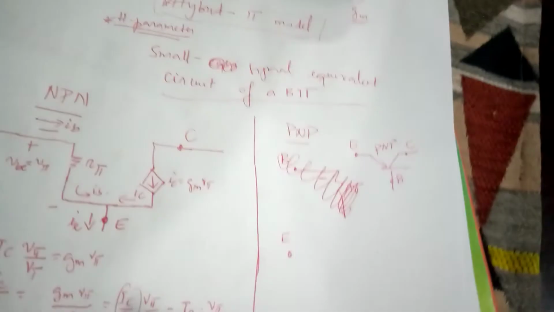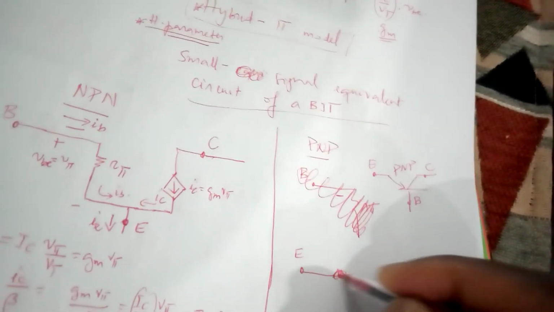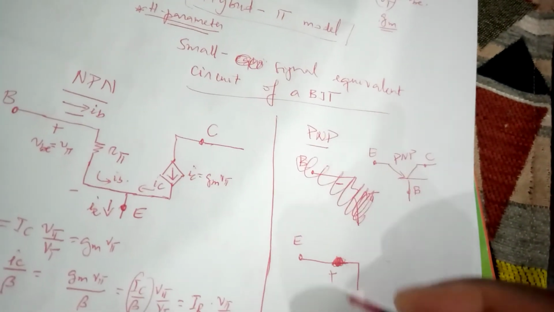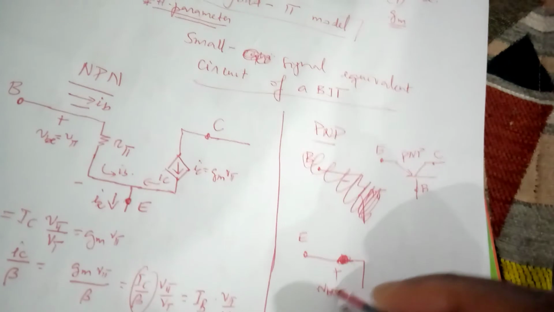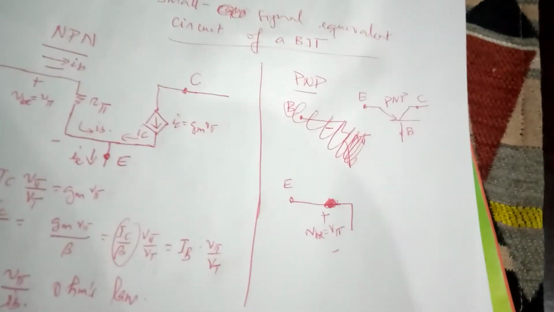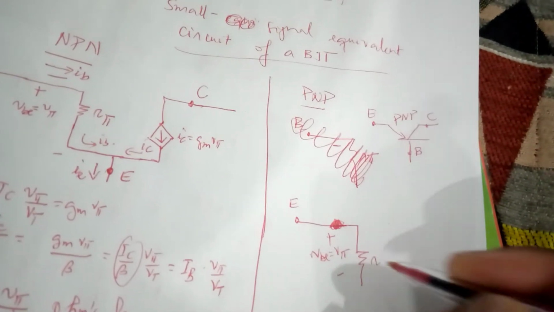Right. So as you go from the emitter to the base, because in a PNP, VBE or V pi is normally applied from emitter to the base. The emitter side is on a higher voltage potential with respect to the base. You also have a resistance.